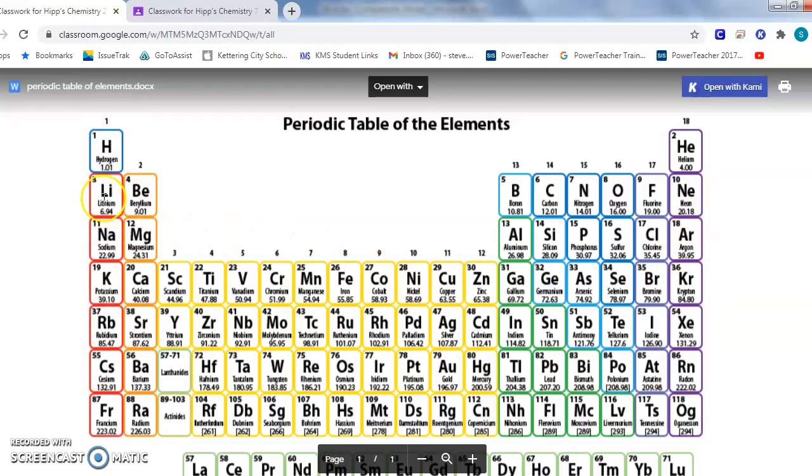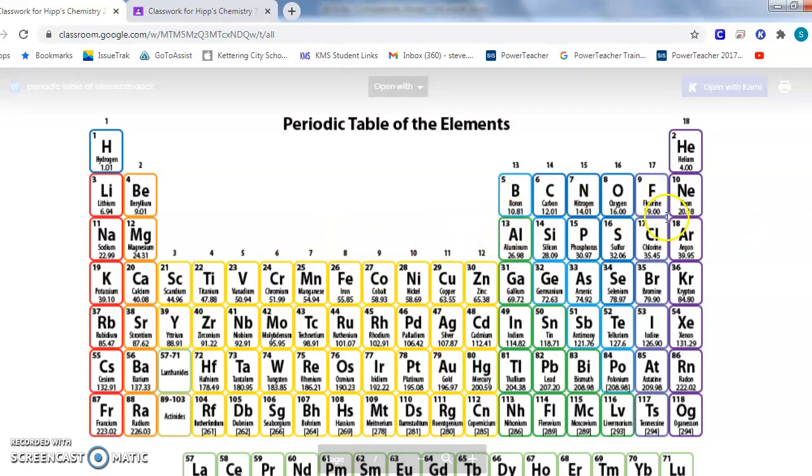So if lithium lost 1, it would go from 3 down to 2 like helium. If rubidium lost 1, it would go from 37 down to 36 like krypton. Strontium starts with 38. It would need to lose 2 to become krypton. So this family needs to lose 2. Aluminum needed to lose 3 to become like neon. 13 minus 3 is 10.